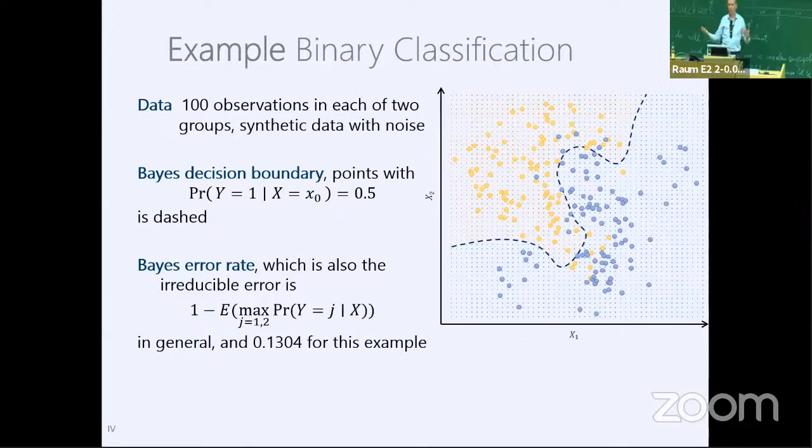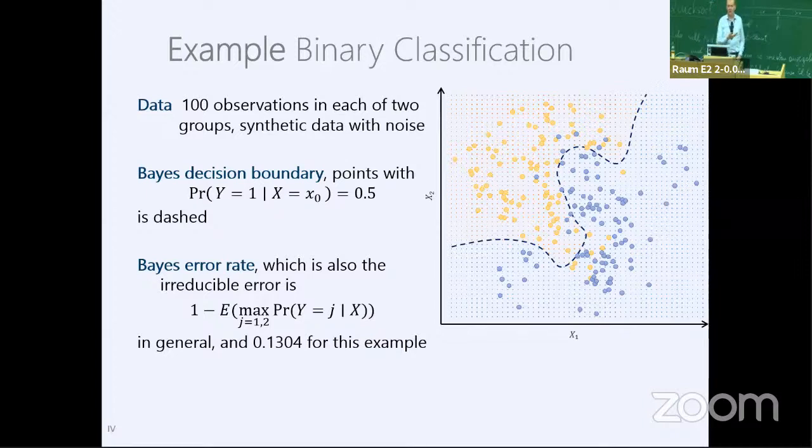Is it now blue or is it yellow? I don't know. As a result, every point that we would query on the bottom right of this dashed line, the Bayes optimal classifier assigns a higher probability to blue than to yellow, and hence it spits out blue as the predicted answer, and on the top left side it would be yellow.